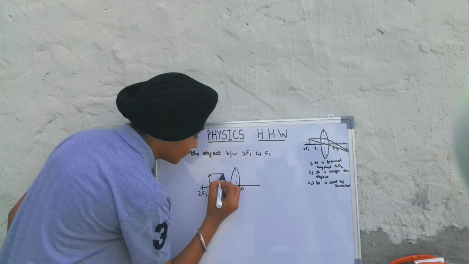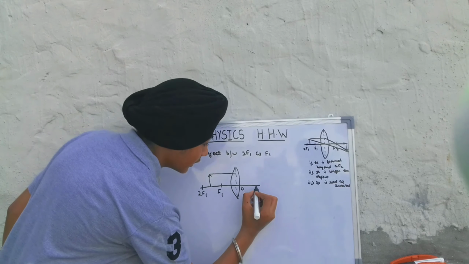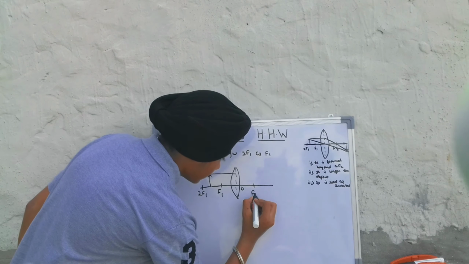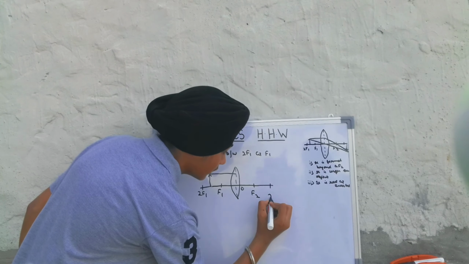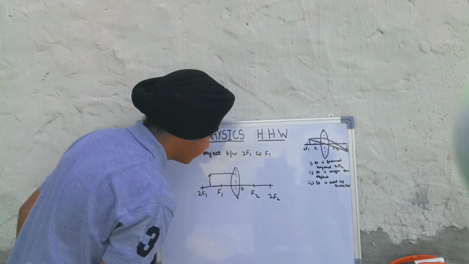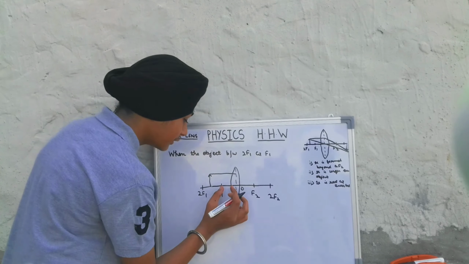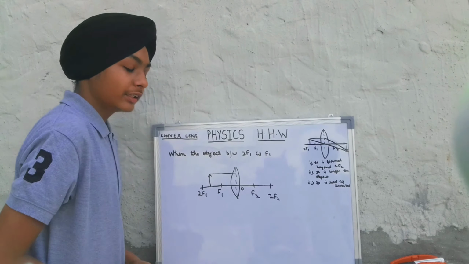It passes through the optical center, and here is F2 and 2F2. Be careful that the distance between F1 and 2F1 is equal.